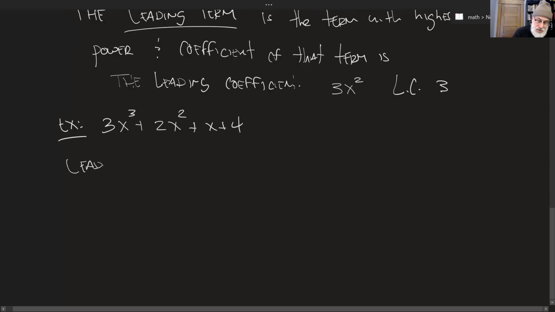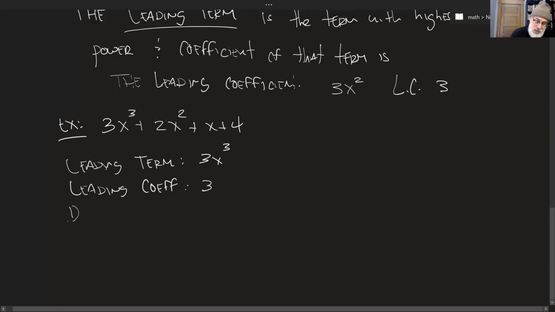So let's identify the leading term. And I put them in descending order, so it's going to be 3x cubed. The leading coefficient, I'm just going to write COEFF, that is 3.